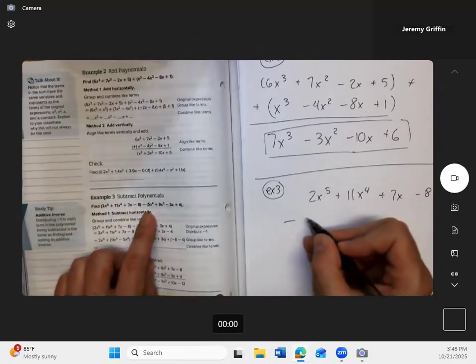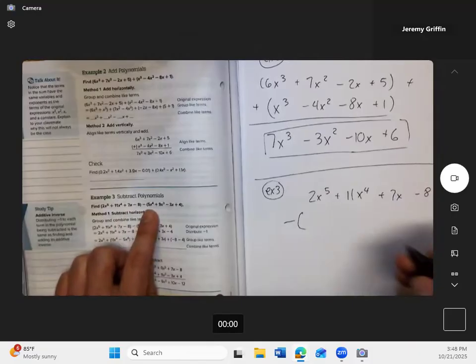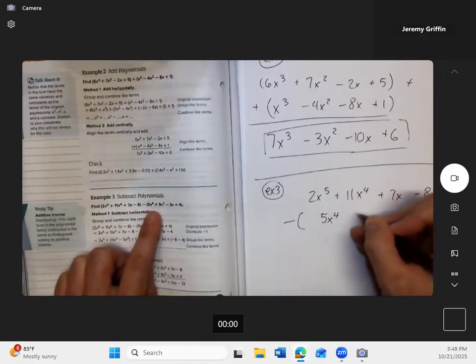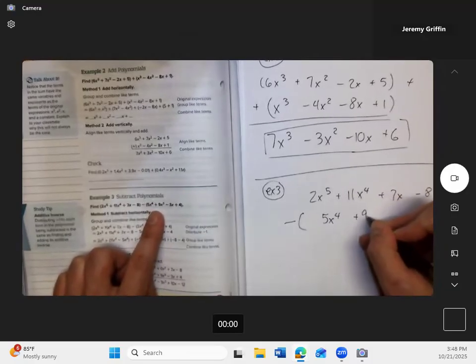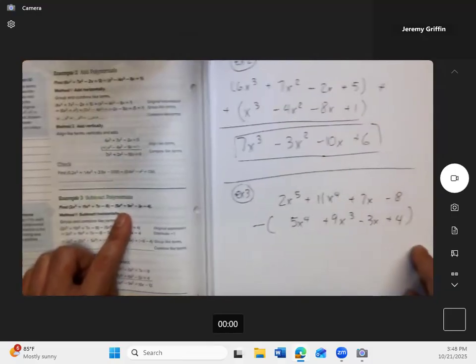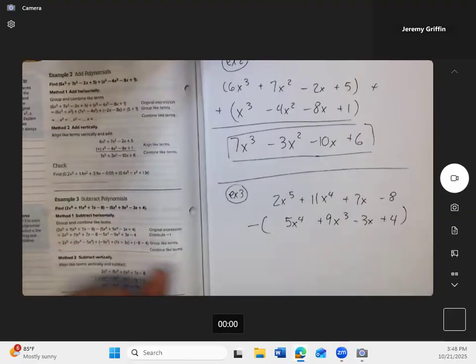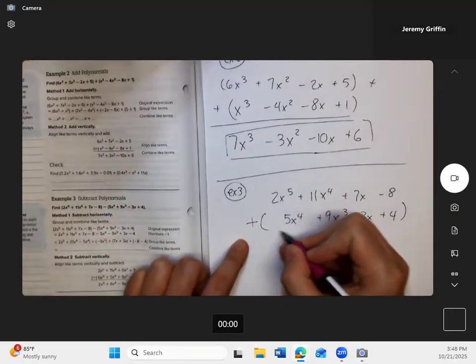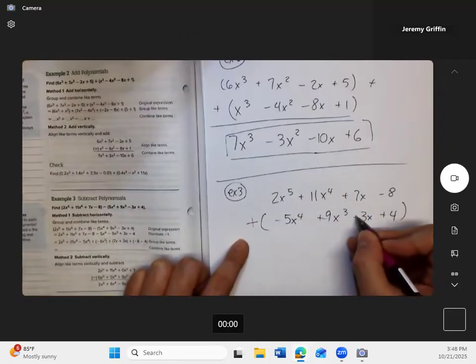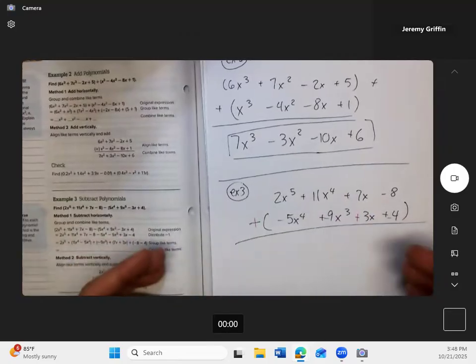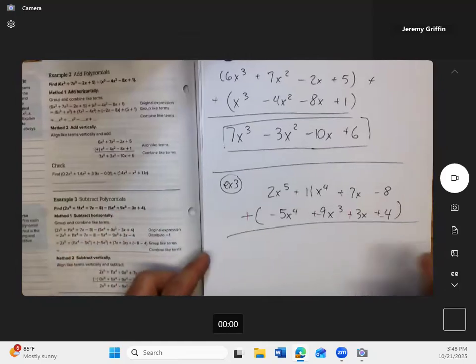So minus, and then in parentheses here, I got 5x to the 4 plus 9x to the 3, then minus 3x, and then plus 4. Now, the fact that I'm subtracting off this whole expression, can I just distribute this negative, make this a plus, and then minus, minus, and then this changes to a plus, and this is a minus? I could do that. So you could add the negative value, but anyway.